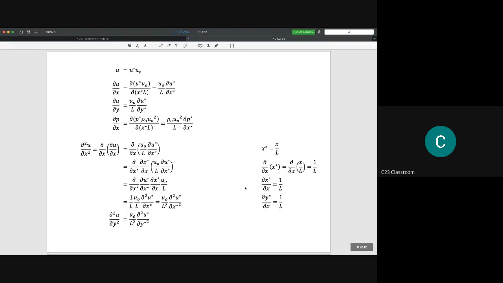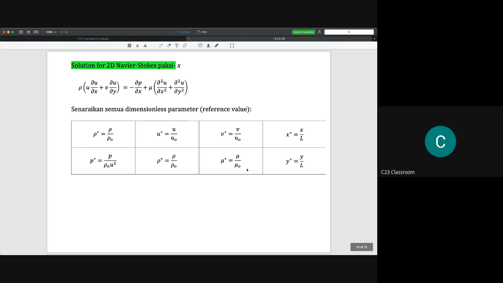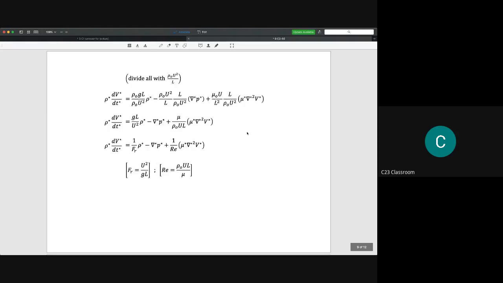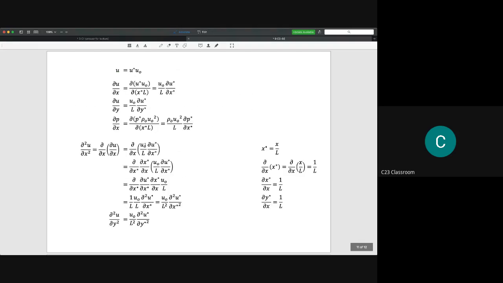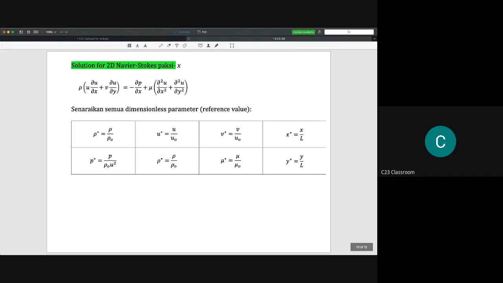If you substitute all of this, the difference from the previous equation is that we let the nabla stay in its dimensionless form, but for the next calculation, the Navier-Stokes has specific terms, so we don't have any nabla anymore. We have del square u over del x square and so on and so forth.